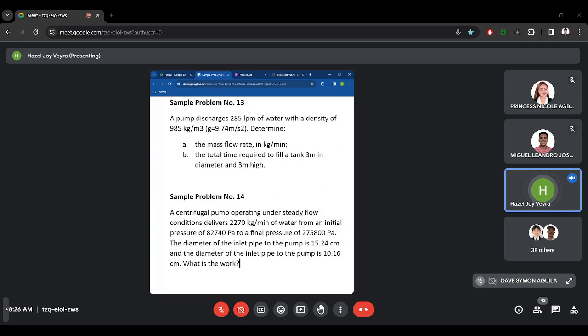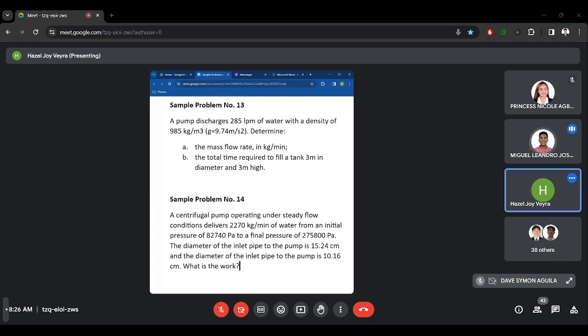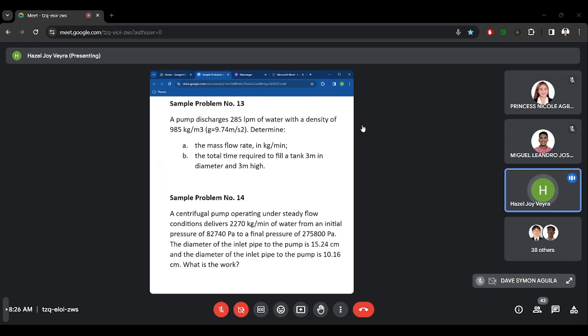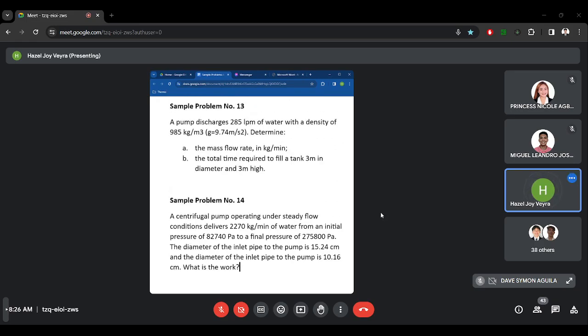Ilalagay ko dun sa ating classroom. Okay po, ma'am. Thank you po. Sige. Ito, hindi pa natin nadidiscuss yung sa mass balance. Pero i-advance study nyo na rin para next discussion ay mabilis na tayo. So yun lang class, may tanong pa po. I-upload ko na to.